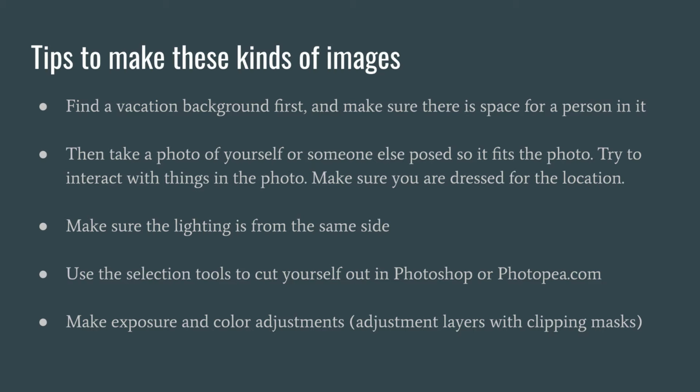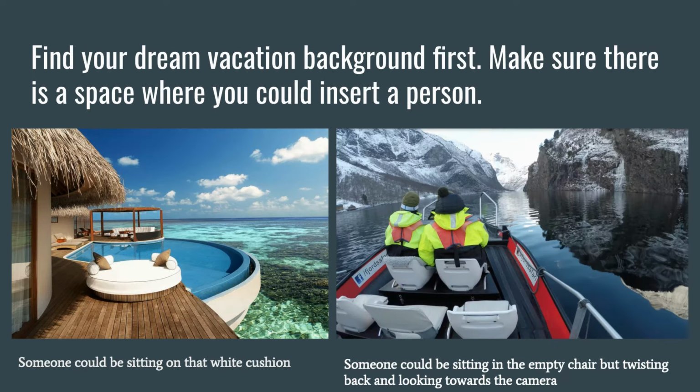Same way, you can do either or, and you use those selection tools like the quick select, the magic wand, the magnetic lasso. All of those tools will help. Once you're in, you can make exposure and color adjustments as you see fit to make the images match.